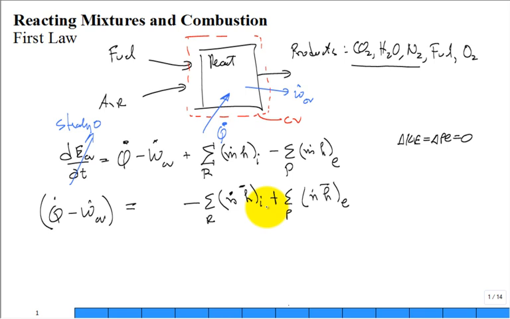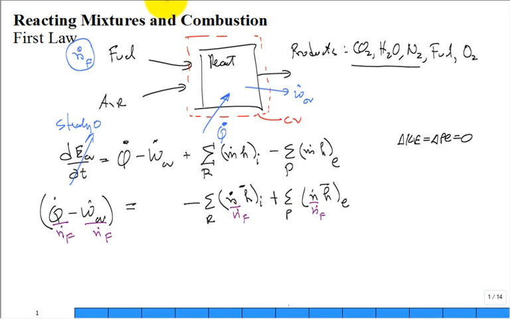Okay, what we do for this is we think that we have our molar flow rate of the fuel. Take the whole equation and divide by the molar flow rate of the fuel. And so you come over here, you got n dot F, you got n dot F, and then n dot F and n dot F.